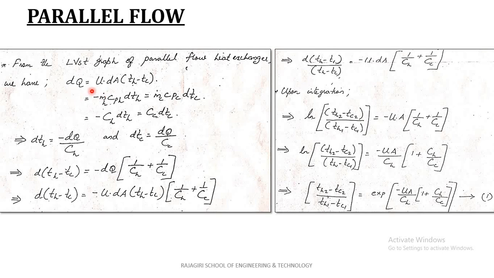So dQ is equal to U dA (Th minus Tc), and that should be equal to mhCph dTh. In parallel flow we have a minus sign here, and this quantity is positive: mcCpc dTc, which is equal to minus Ch dTh, equal to Cc dTc.